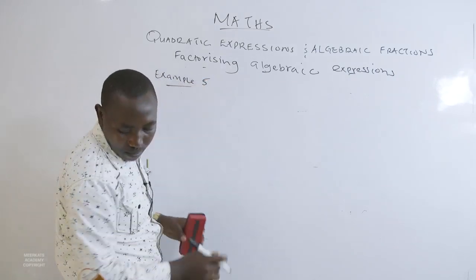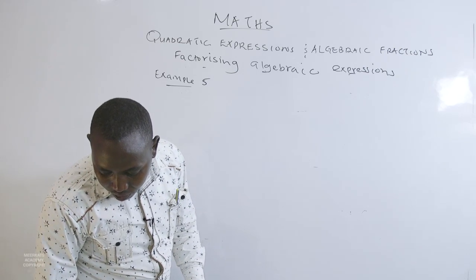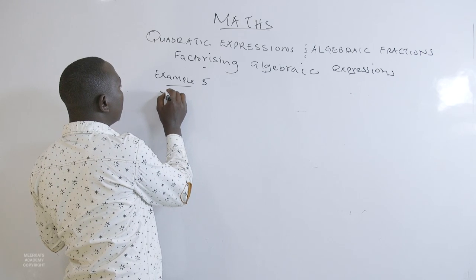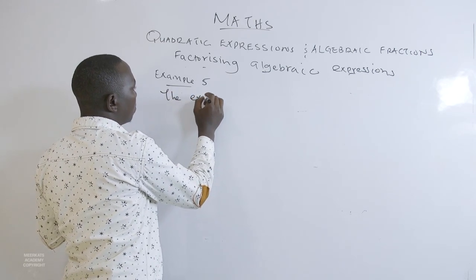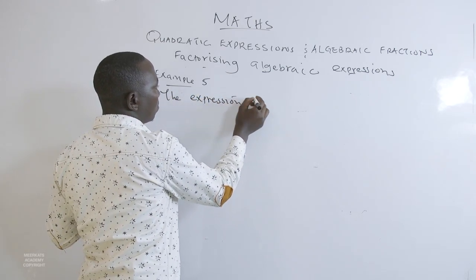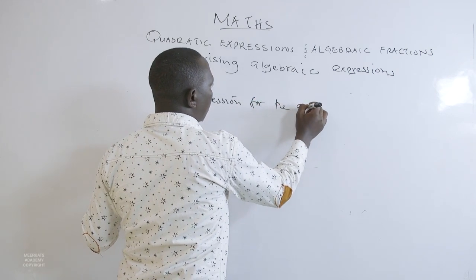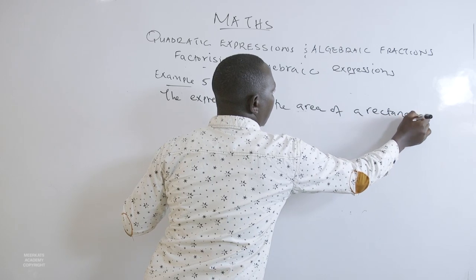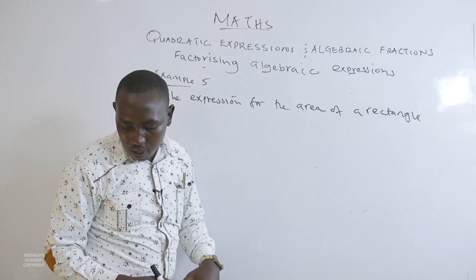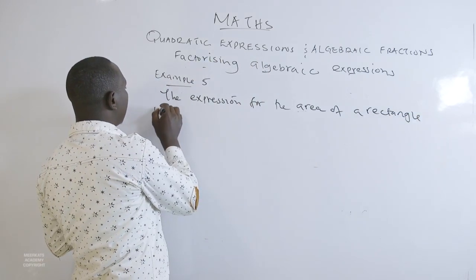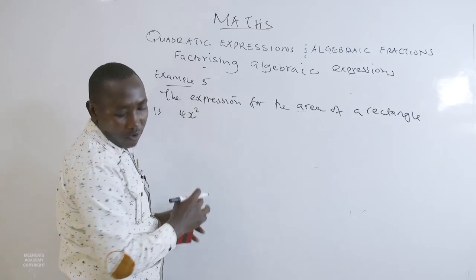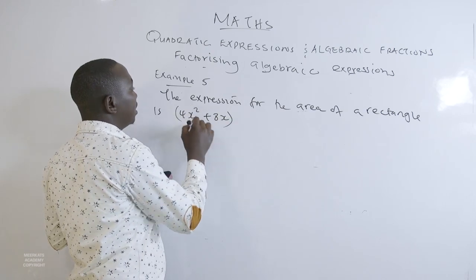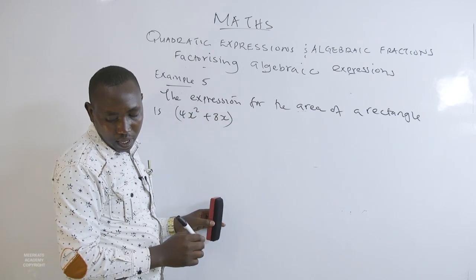Example 5. The expression for the area of a rectangle is 4x squared plus 8x square units.